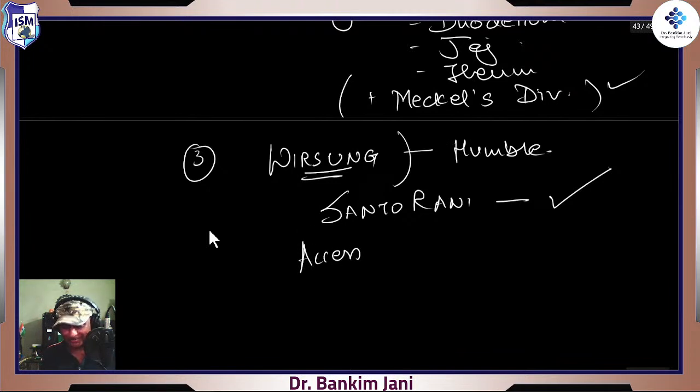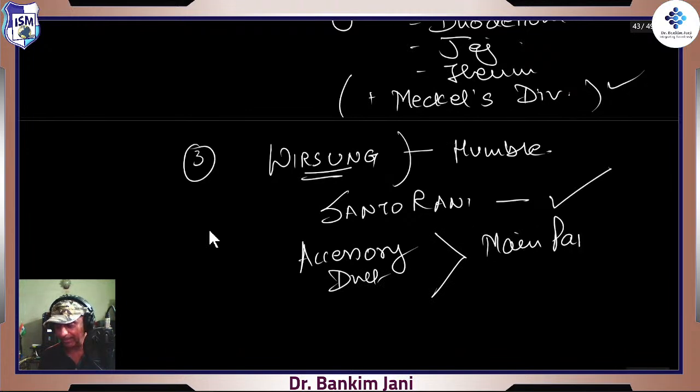Just correct this spelling, it is Santorini. So this accessory duct is bigger than the main pancreatic duct. It means it will be opening into D2, but there the papilla would be bigger.